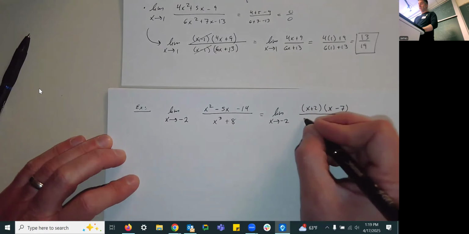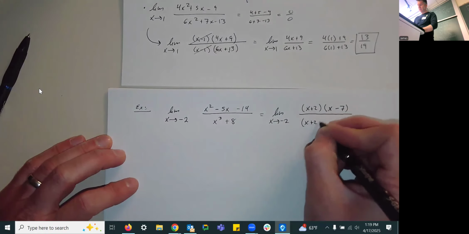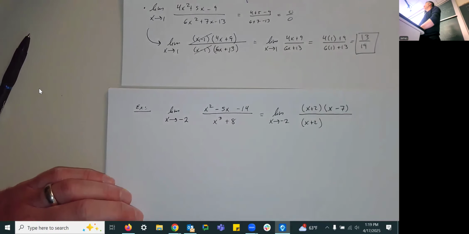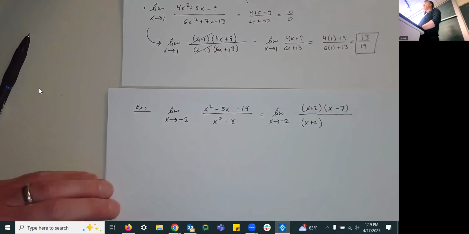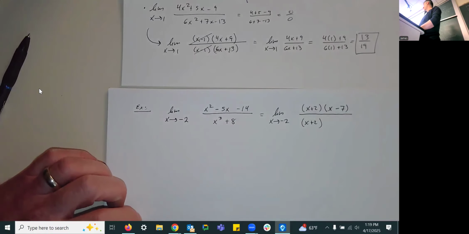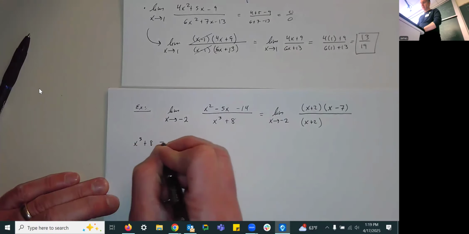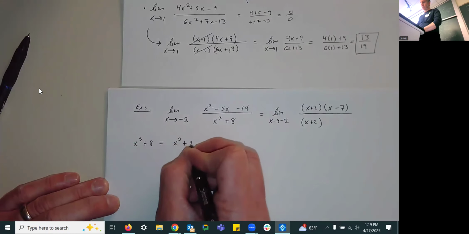On the bottom, it's a little trickier. We also have to have an x plus 2, but now we don't just have a quadratic, we have a cubic. There is a very straightforward way of factoring a sum or difference of cubes. So I'll point out that x cubed plus 8 is really x cubed plus 2 cubed.